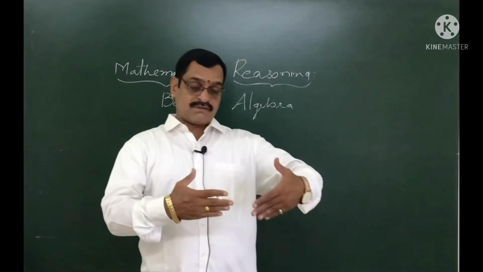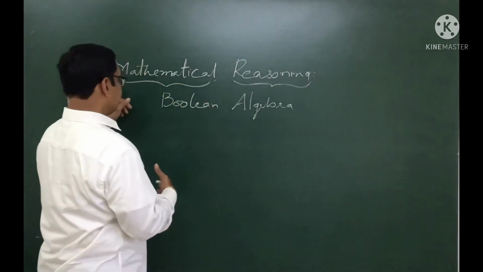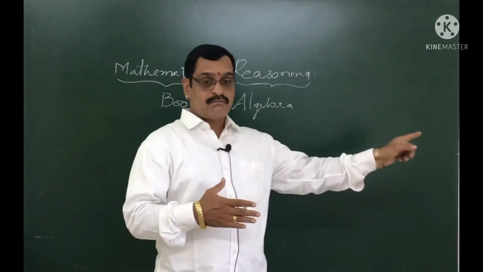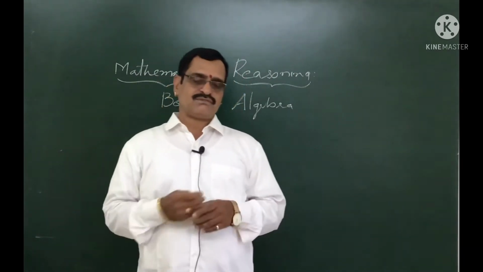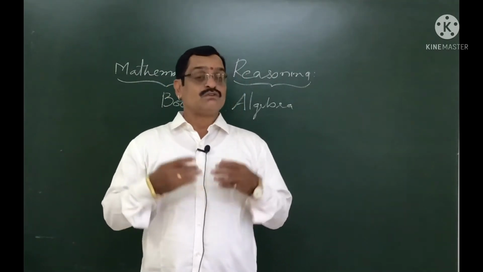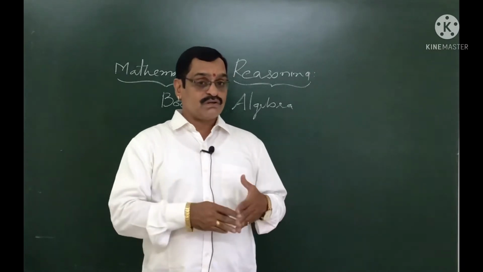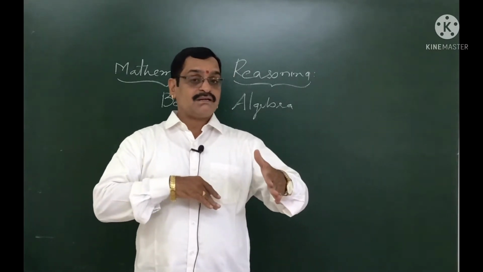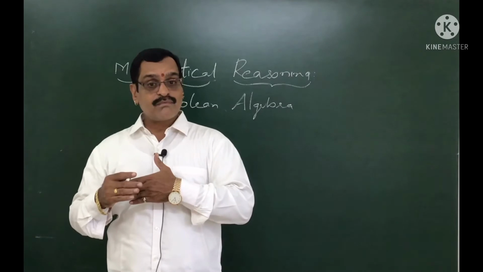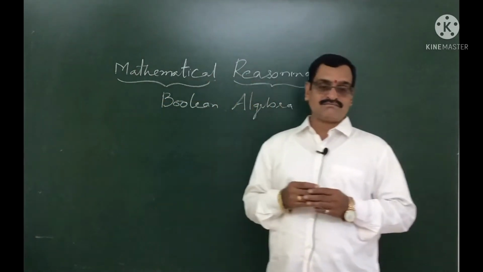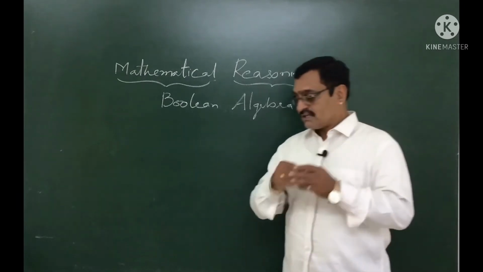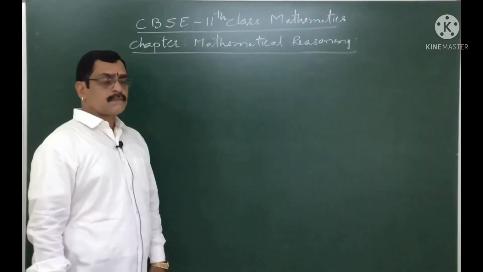Maybe the name of this chapter is mathematical reasoning, but it tells you what the language of mathematics is. So in this chapter, we are going to learn mathematical language in the name of mathematical reasoning. So this is the introduction for this chapter.